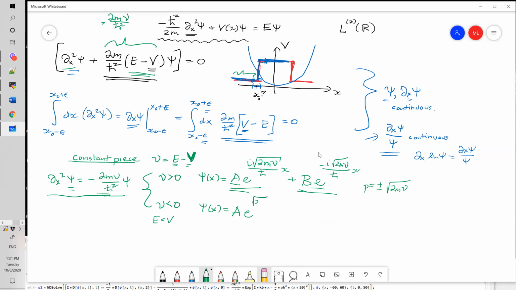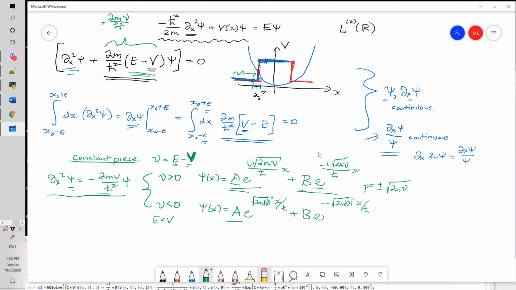And so you can write that as A e to the square root of 2m magnitude of nu x over h bar, plus B e to the minus square root of 2m magnitude of nu x over h bar. And again, we get two different fundamental solutions because it's a second order equation.